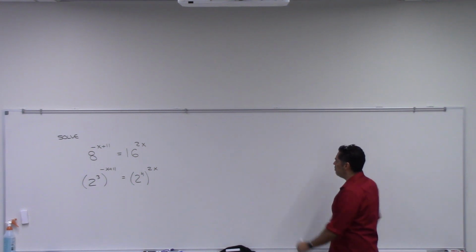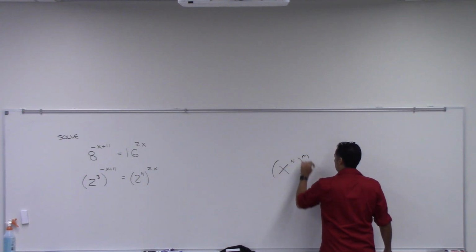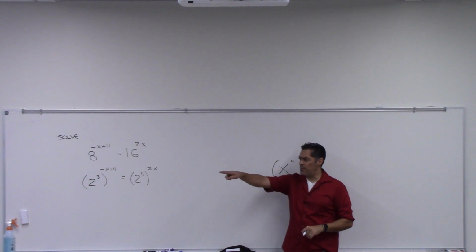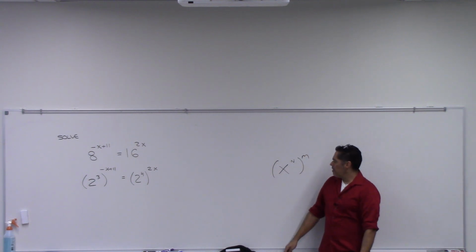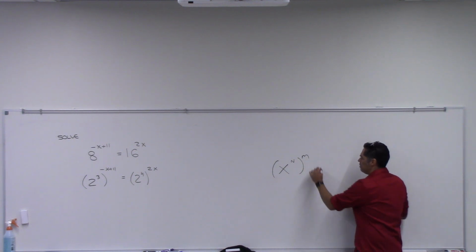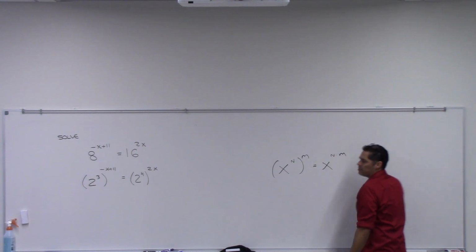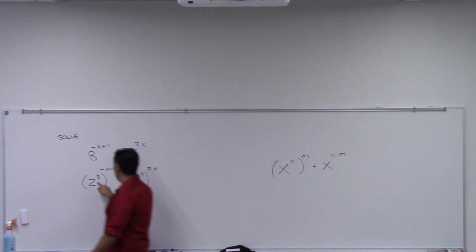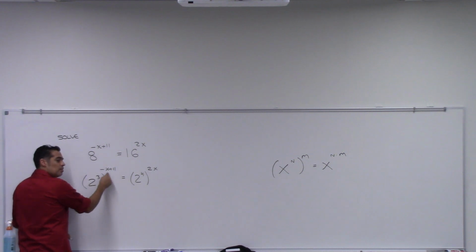So for each of those, now I'm going to use a property of exponents from early on in this class. I remember I wrote all the properties on the boards, those little rolling boards, right over here. If we have something to a power, what do we do to the powers? Multiply them. So I have 2 to the third to the negative x plus 11, so I'm going to multiply these two powers together.